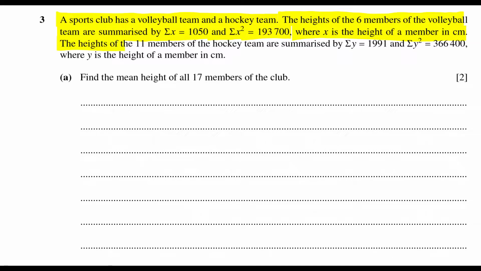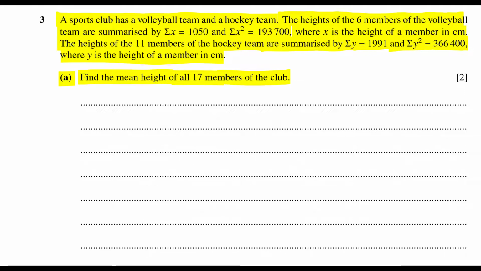The heights of the 11 members of the hockey team are summarized by sigma y equals 1991 and sigma y square as 366400, where y is the height of the member in centimeter. A part, find the mean height of all the 17 members of the club.